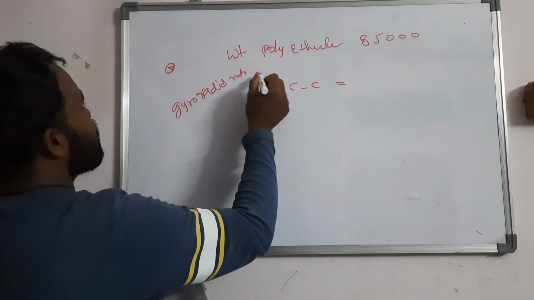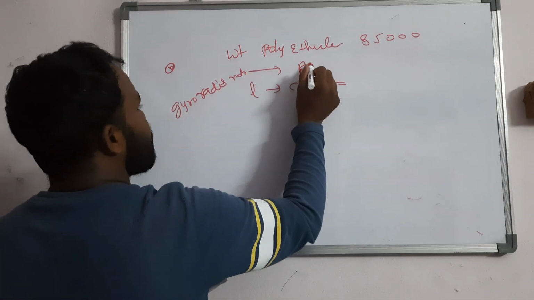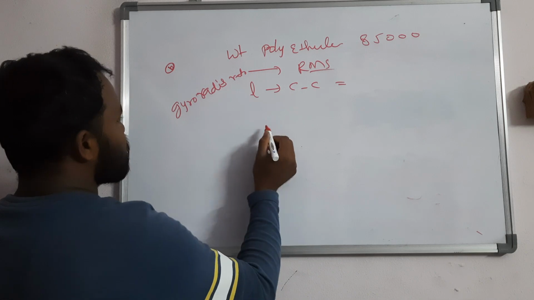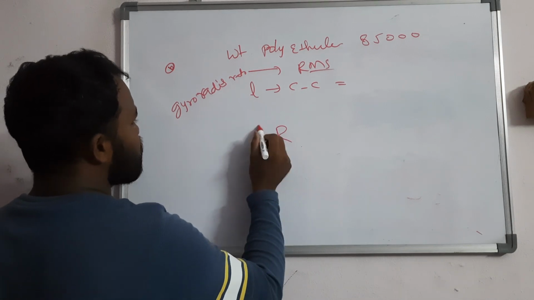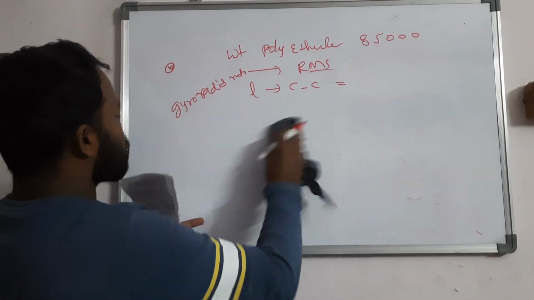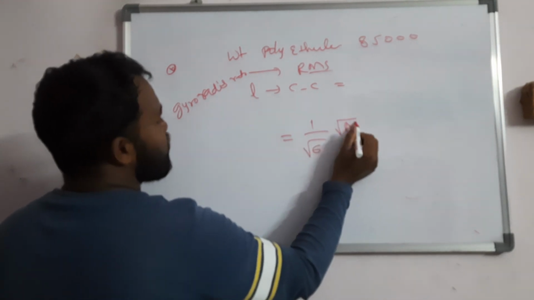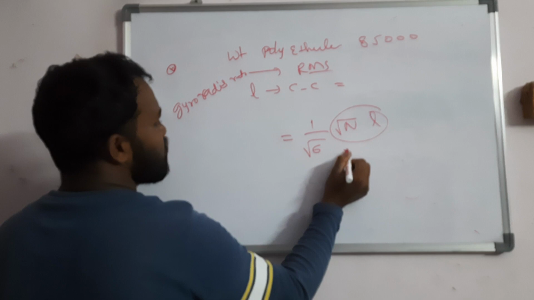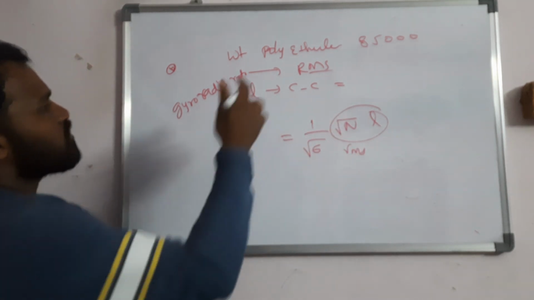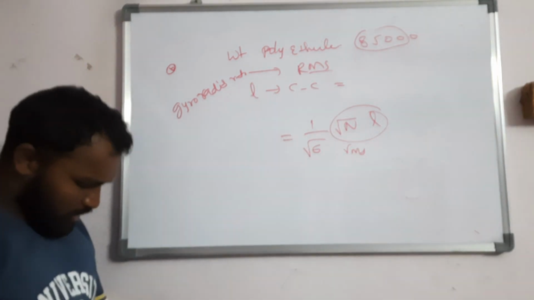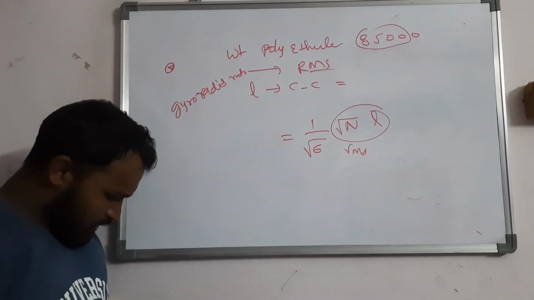Generally we know the gyration radius for RMS, the root mean square. What is the general formula for RRMS? For gyroscopic it is 1 by root 6 into root n into L. This is the RRMS. I don't know exactly how to do this, but I remember the question like that.